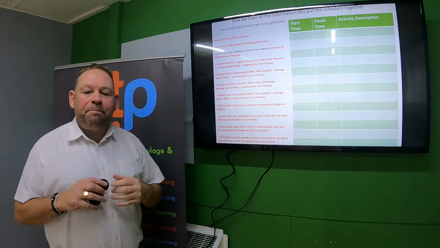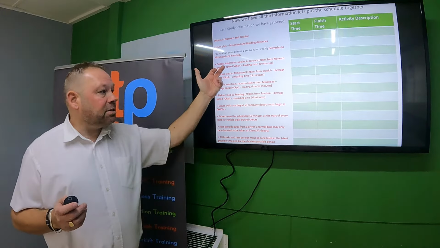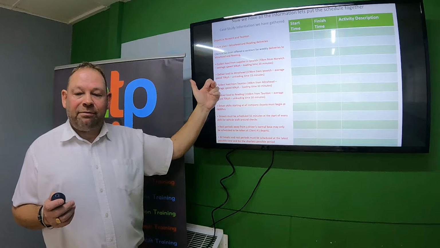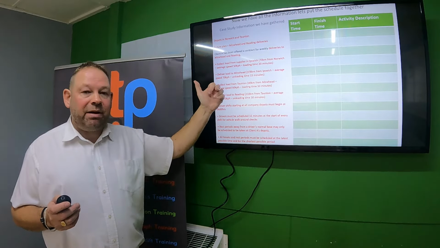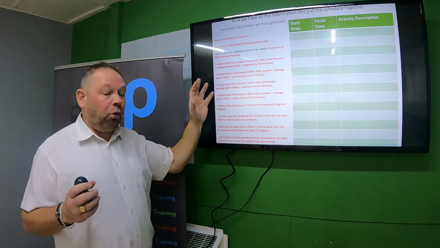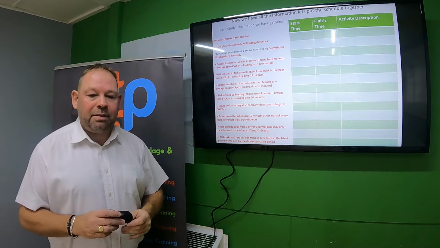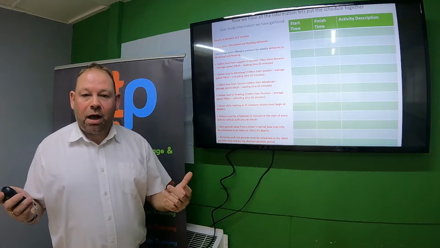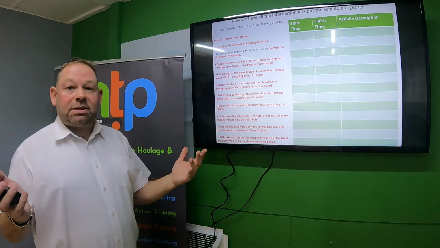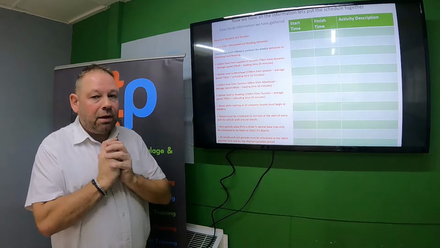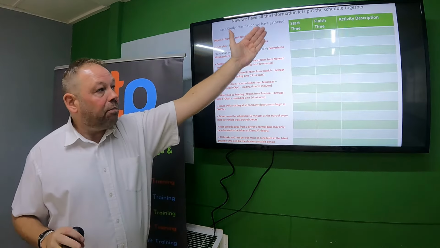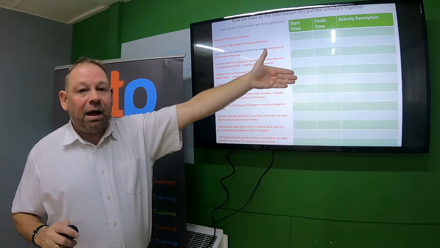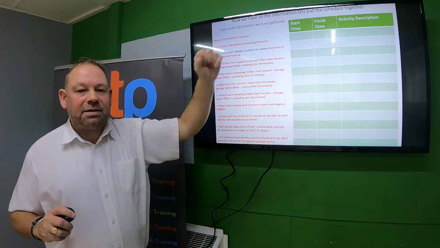Okay, so bear in mind that we have established that a walk-round check is going to be needed every shift and rest periods at clients' depots. Yeah, important that we remember that and bear that in mind. Where can we start? Well, we can start right at the beginning because that's the information we're given. We've got to populate the start time, populate the finish time, and a clear description of the activity that we're doing.